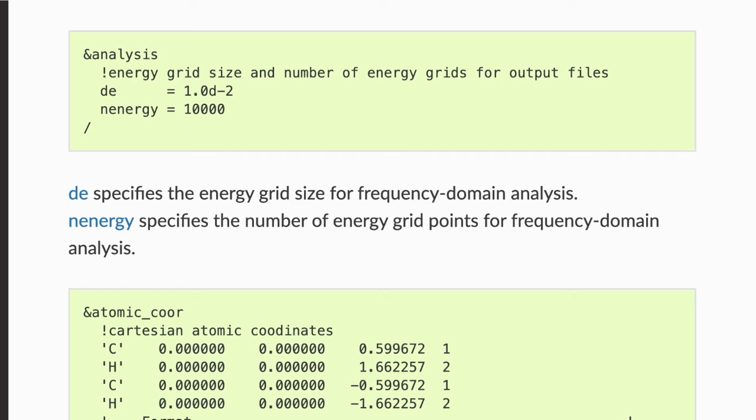Here, calculations are performed for 10,000 points in increments of 0.01 eV. Thus, calculations are performed from 0 eV to 100 eV.